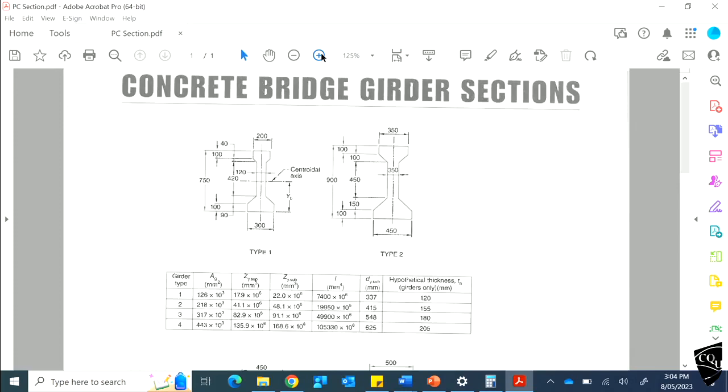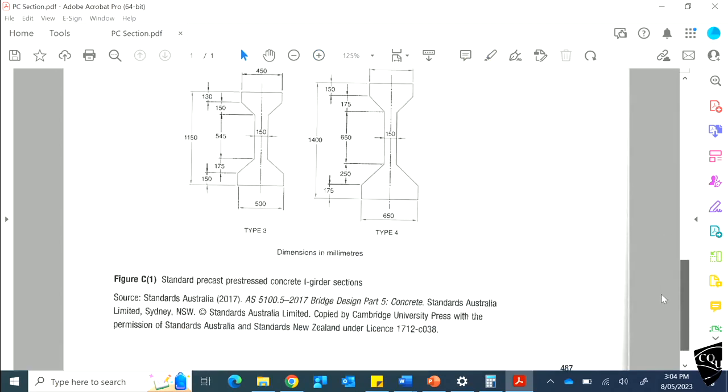There are type 1, 2, 3, 4. These are the standard I sections we normally use in bridge construction. You should be able to get this from AS 5100 part 5.